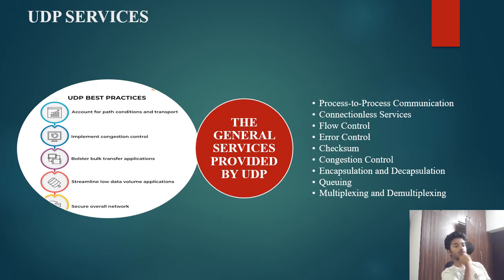As you can look at the figure, what are the best practices of UDP? Account for path conditions and transport, implement congestion control, bolster bulk transfer applications, streamline low data volume applications, and then secure the overall network. Then we're moving on to the next slide, guys.